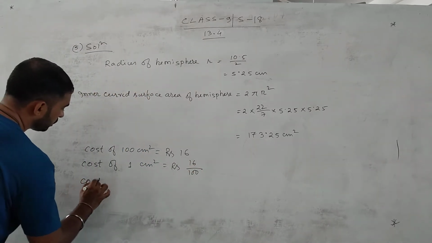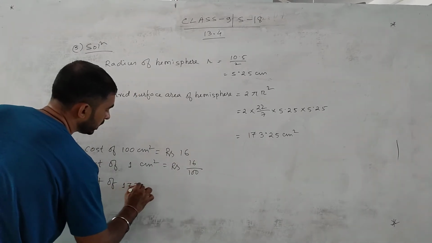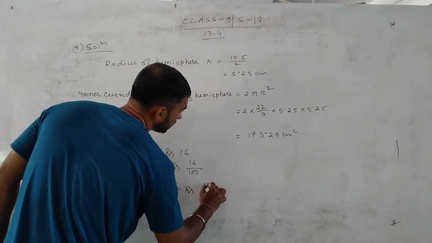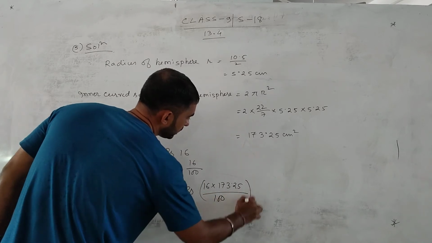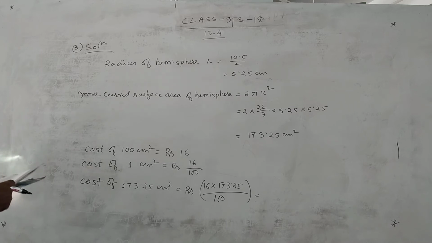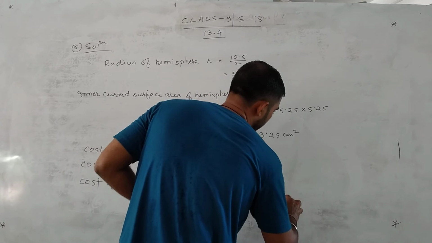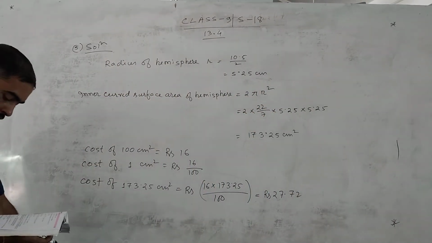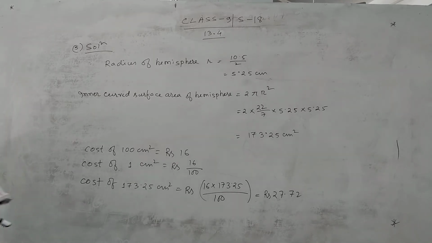Therefore cost of this portion, cost of 173.25 square centimeter equal rupees 16 into 173.25 divided by 100. So here what is the answer? We got after doing calculation rupees 27.72. So this is the cost, total cost, 27.72.